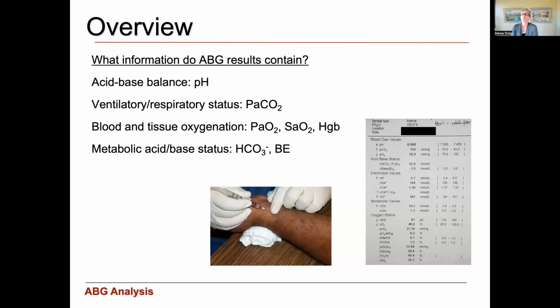We don't measure hydrogen ion concentrations, and the reason why is that they're so small that they're difficult to measure directly, and so we measure the concentration of hydrogen ions indirectly through the pH.